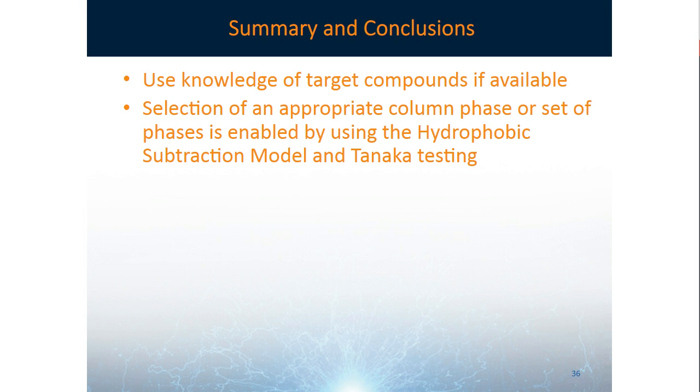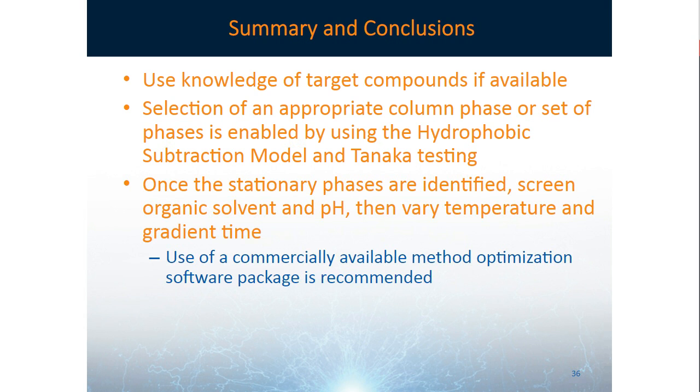Once those stationary phases are identified, you want to screen both the organic solvent and pH, then vary temperature and gradient time. And we recommend using a commercially available method optimization software package in order to develop robust methods. So you're not operating on the hairy edge of a good separation.